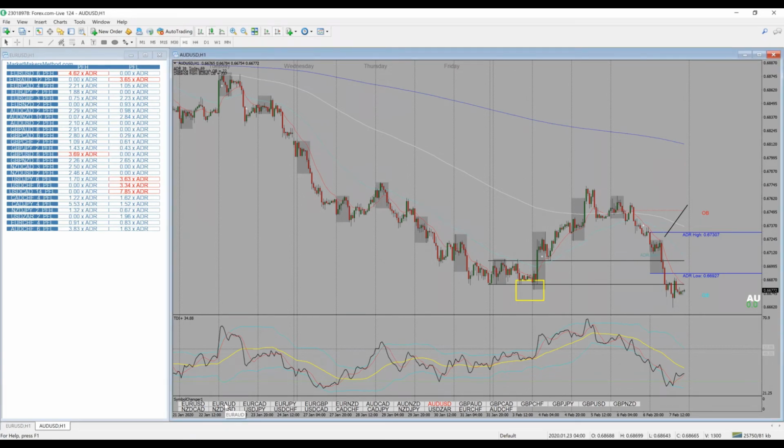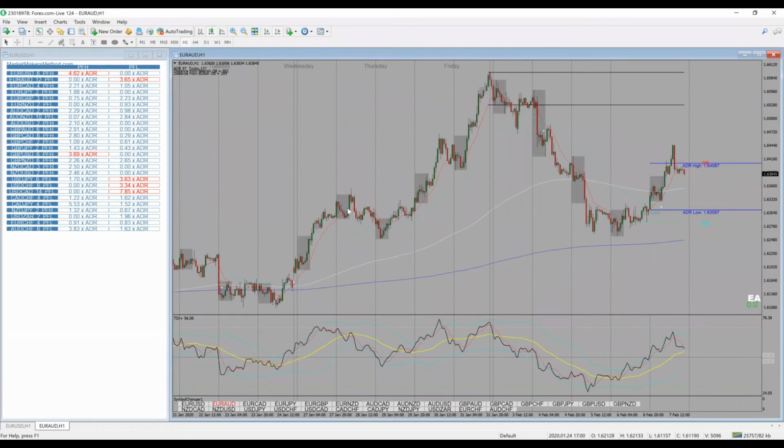Let's pull up Euro AUD, for example. With Euro AUD, as you can see, from the peak formation low, it's 12 actually. So in this case, we never had any entries to go short on this. What do I mean? Let's start counting here.